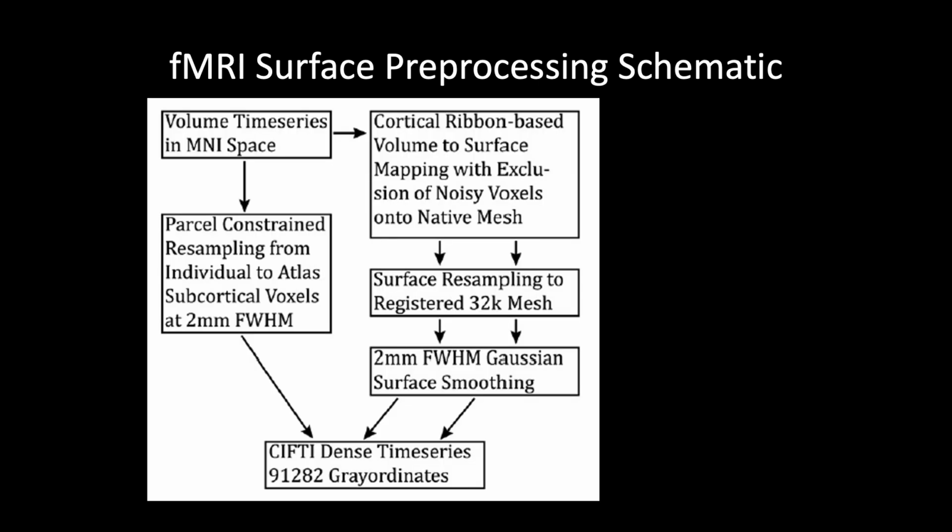So this is what the processing looks like: once you've cleaned out your volume, put it into MNI space, and done all that preprocessing, we go ahead and identify where our voxels are, we apply the resampling, and we apply this 2mm smoothing. Meanwhile, we do some resampling and smoothing to our subcortical data, and then at the very end, everything gets combined.